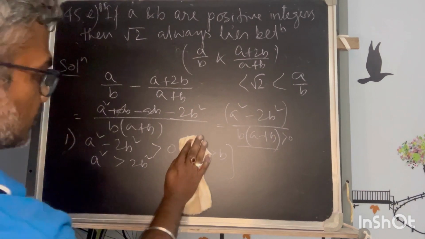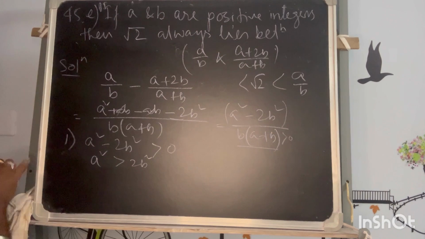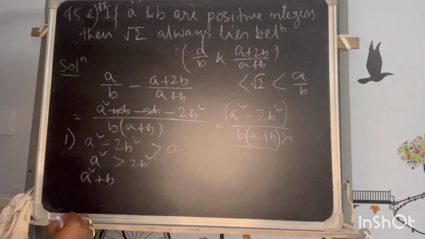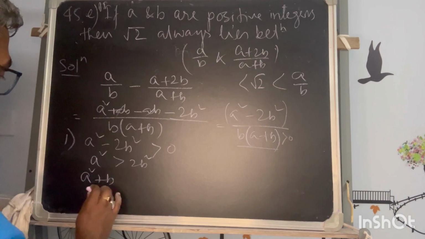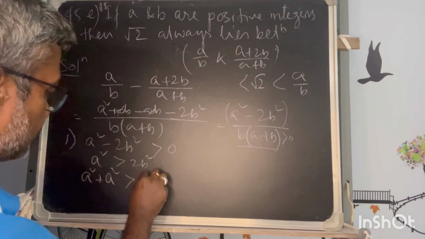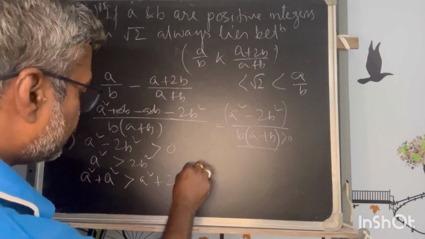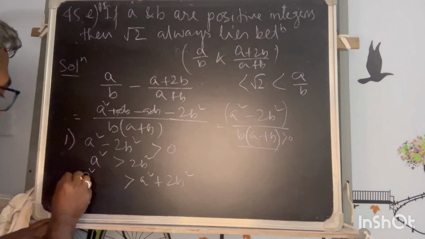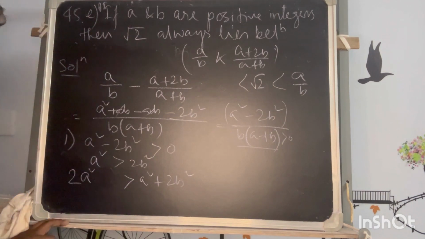come from this part. Okay, so what I will do, I will add a square. I am further adding another a square. So a square plus 2b square. So this becomes 2a square. 2a square. Okay, fine.